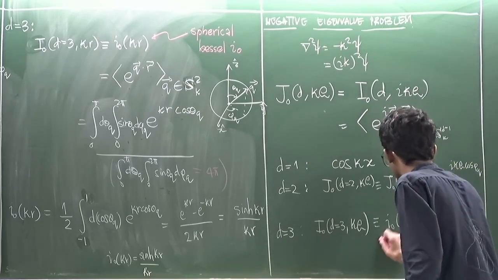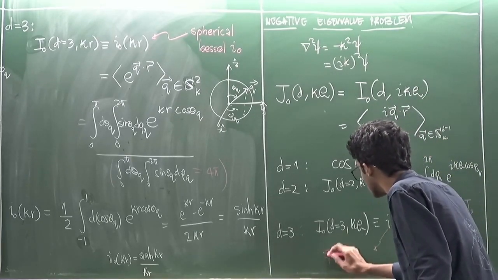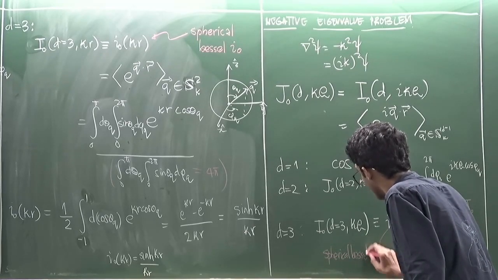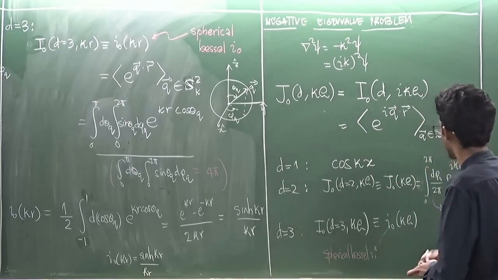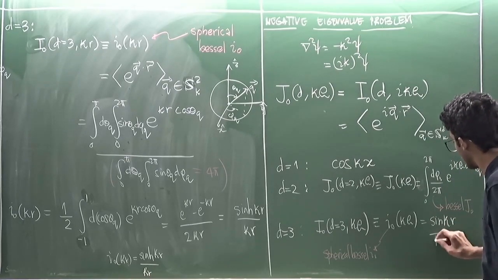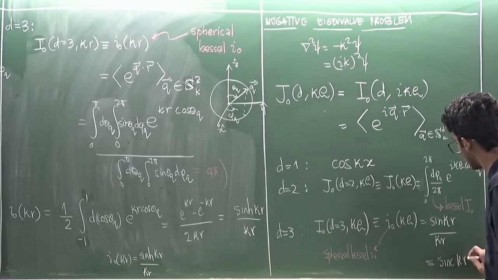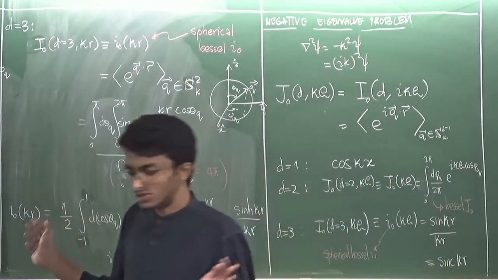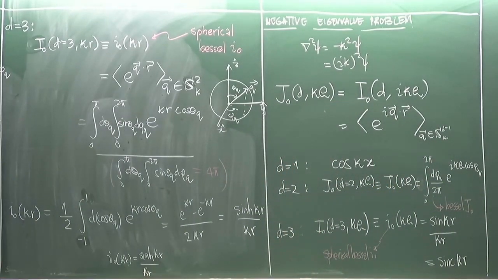In Mathematica this is implemented as spherical Bessel J0, which is just sin kappa r by kappa r.